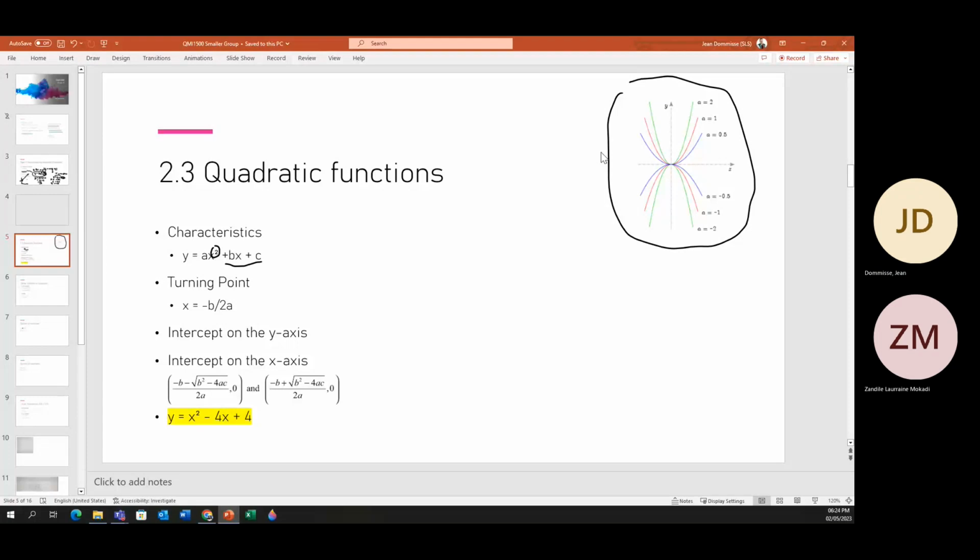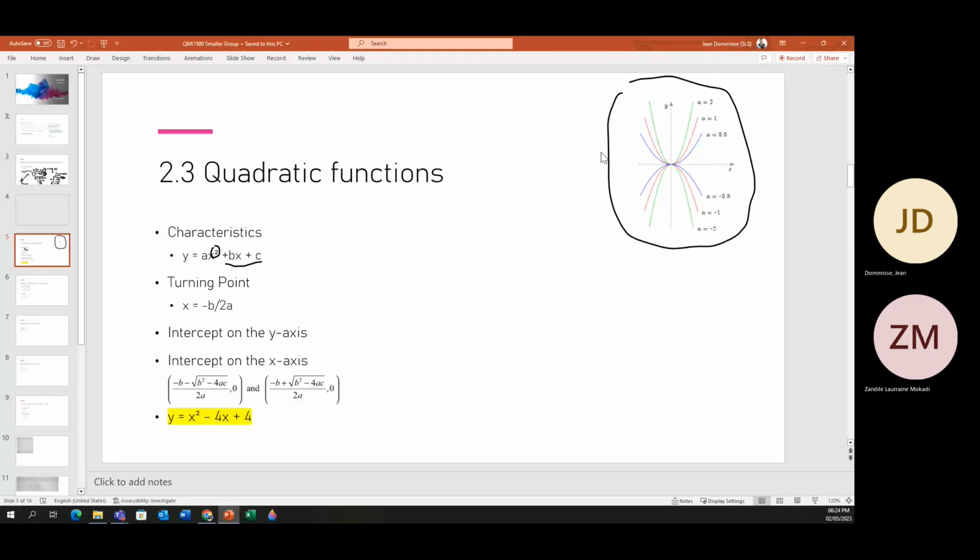and that is dependent on what the turning point is and how it sits on a diagram. But luckily, they tell us how we can work out the turning point.